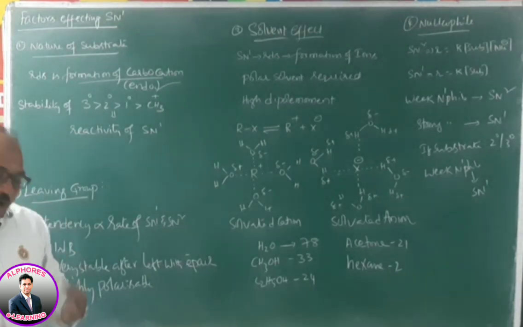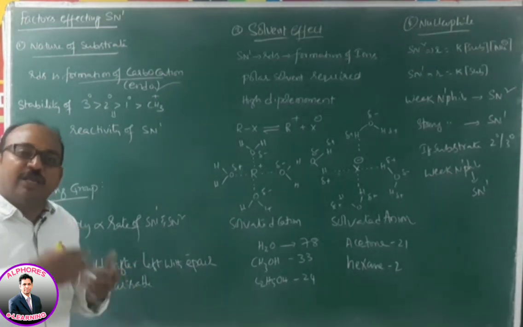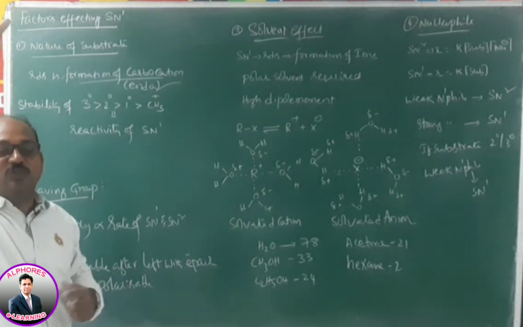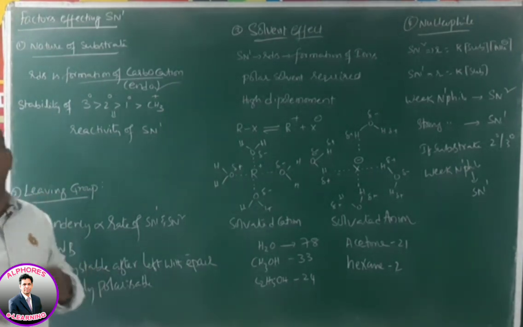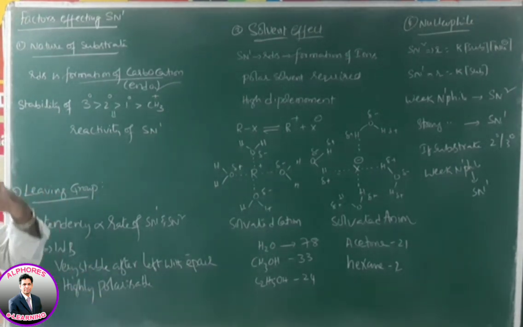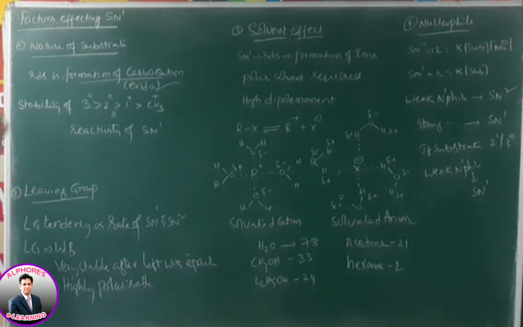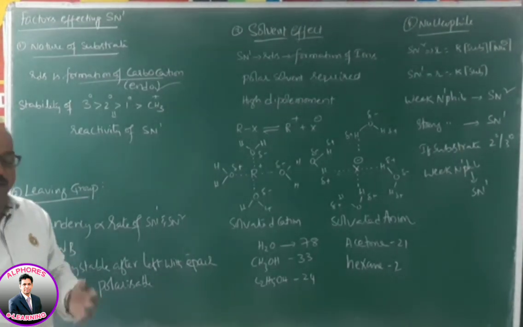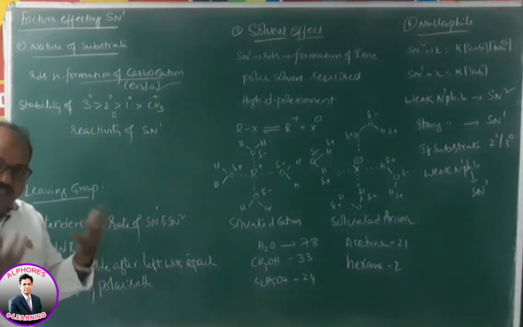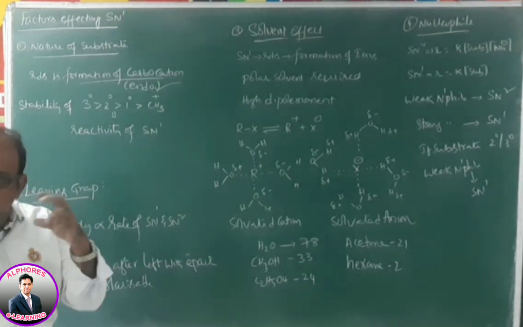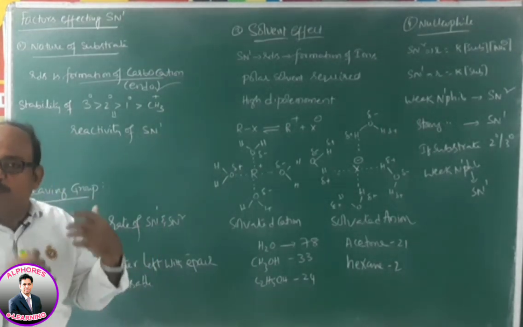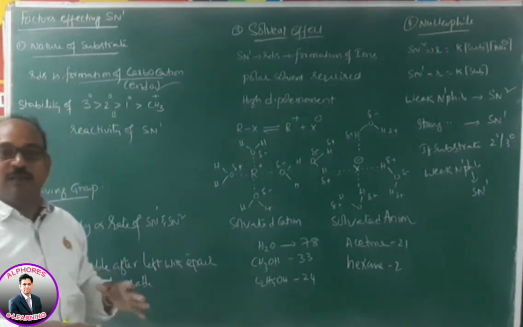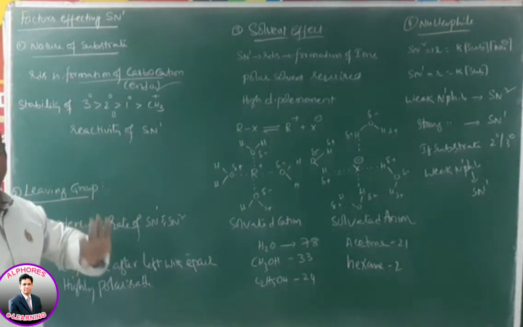How much energy we need to provide in order to go to the transition state. This activation energy is very low in the case of tertiary carbocation. That means we are providing less energy for formation of tertiary carbocation. In other words, tertiary carbocation is holding very little energy. When it possesses less energy, that carbocation will be more stable.